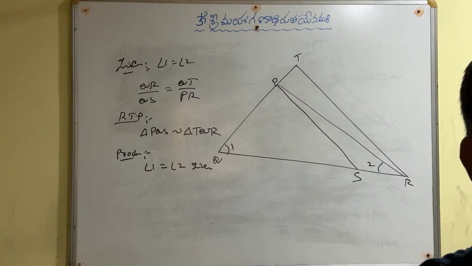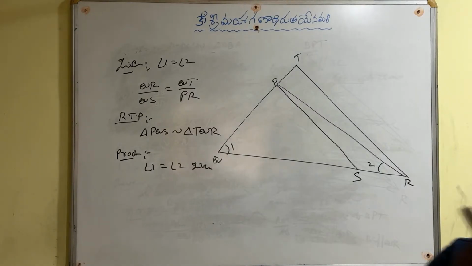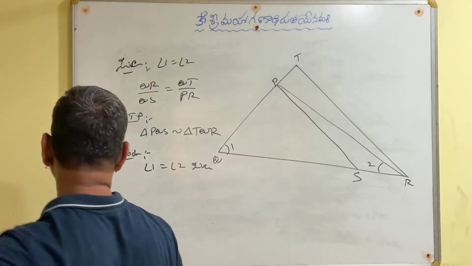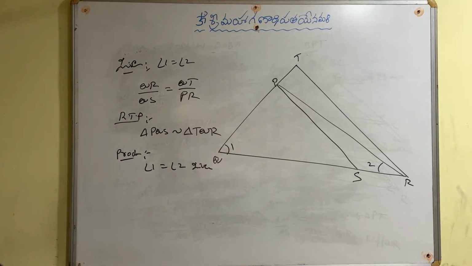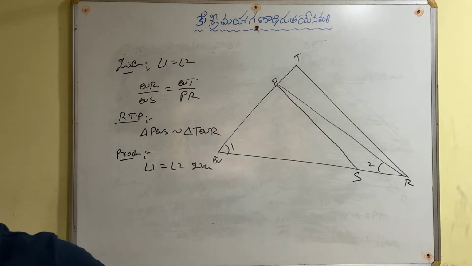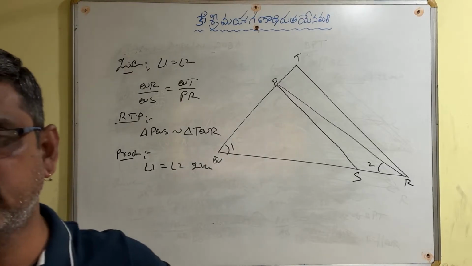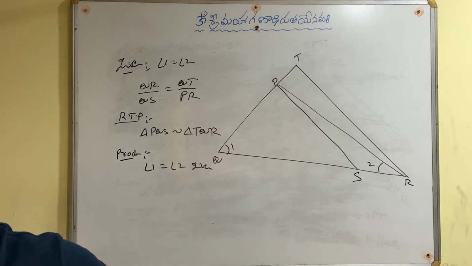They belong to triangle PQR, very good. That means PQR is an isosceles triangle, is that right?